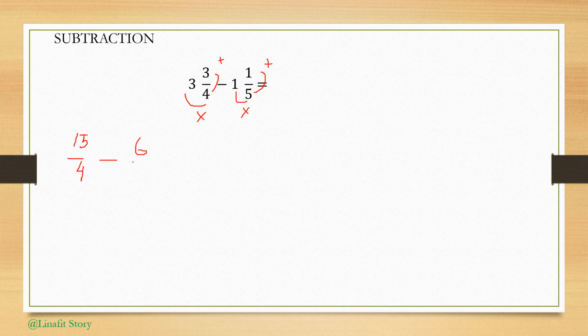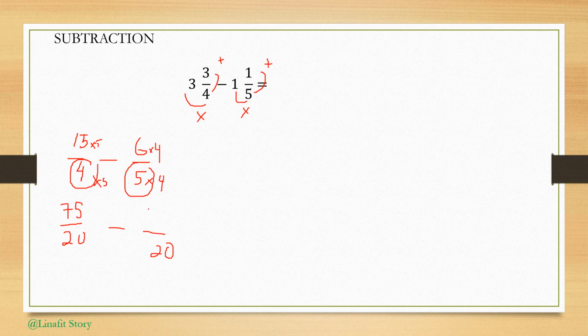So 6 out of 5. There is 4, there is 5. So you may make it out of 20. So 4 times 5, 15 times 5 equals 75. 5 times 4, 6 times 4 equals 24.